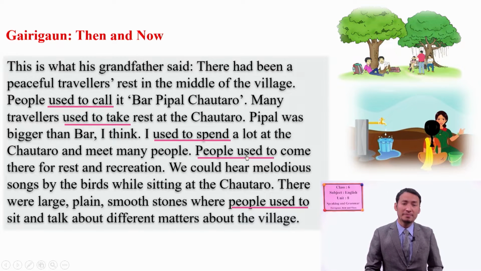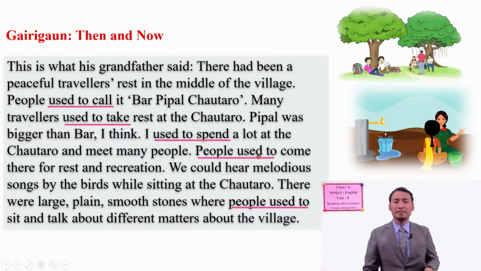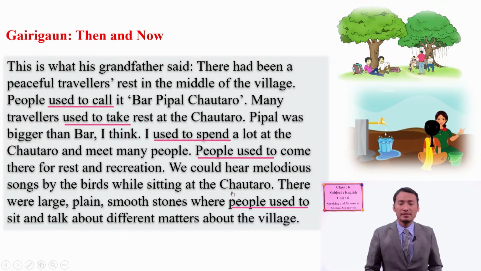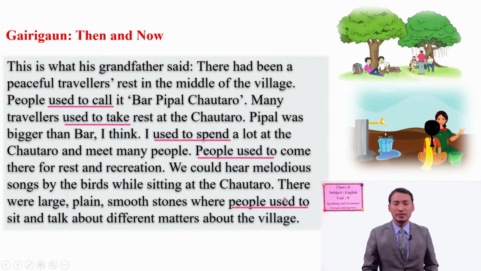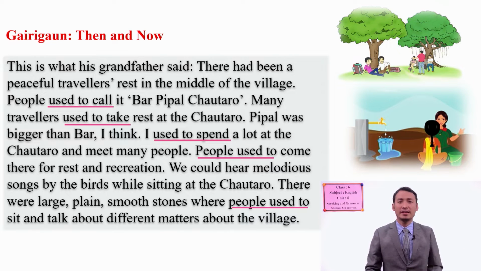So it means that people visited there for recreation and rest, but they don't now. They don't go there. And another one is, people used to sit and talk about different matters. Now people don't sit there and they don't talk about any matters there. Okay, so that's what these words mean.